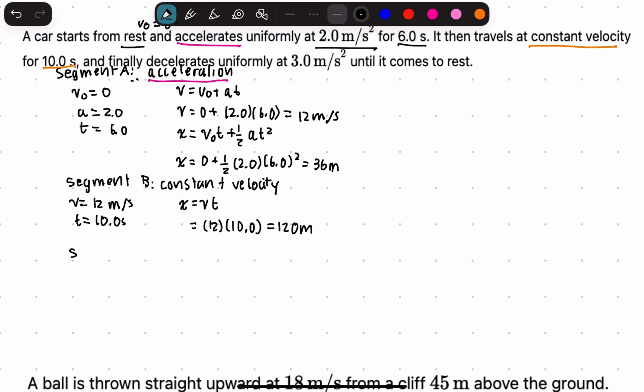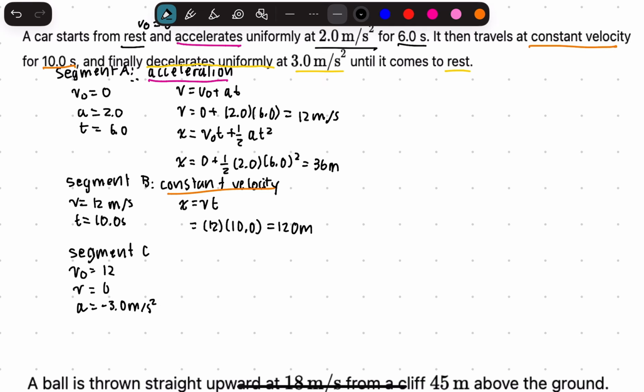Now for segment C, we have that it finally decelerates uniformly at 3 meters per second squared until it comes to rest. So this means we can write that the initial velocity is going to be equal to 12, and we have v is equal to 0, and then the acceleration is equal to negative 3.0.